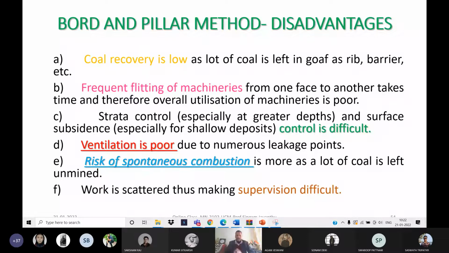Then risk of spontaneous combustion. Already you have seen some examples, already I have shown you, just like our GDK 11 incline and all. There are so many mines which go under fire because of this spontaneous combustion problem. And that is the reason why we excavate within that panel. For that matter, any panel should be excavated within the incubation period only. And in that also, because of this ventilation problem and other problems, the risk of fire is more.